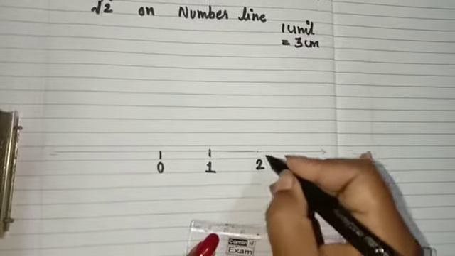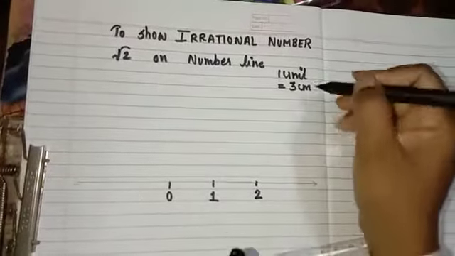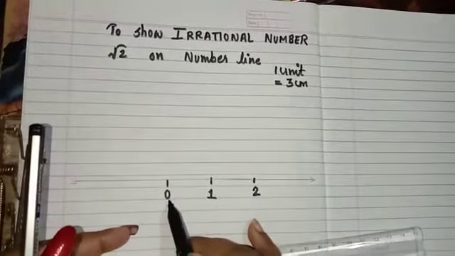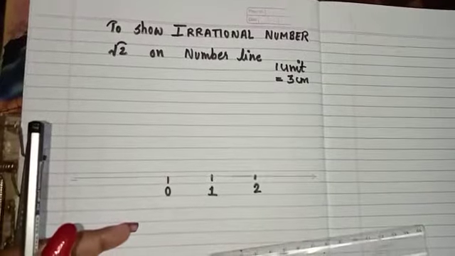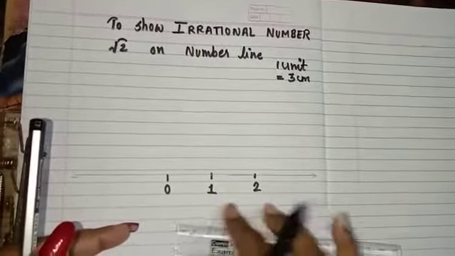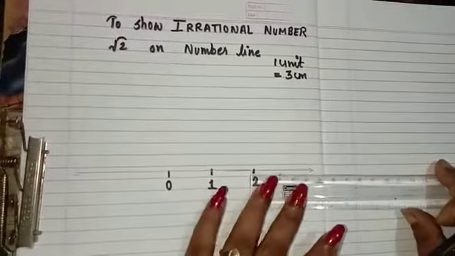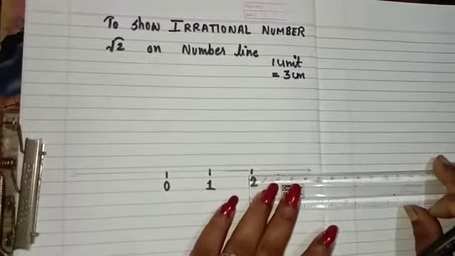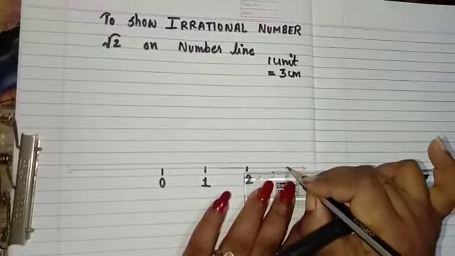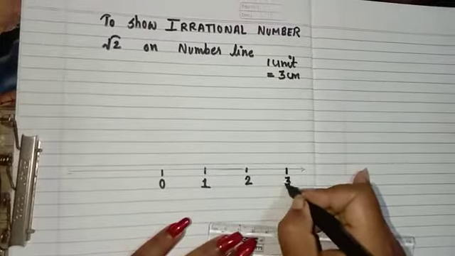Because 1 unit is 3 centimeters, the distance from 0 to 1 is 1 unit and from 1 to 2 is 1 unit. Now after 2 again I take 1 unit distance, that is 3 centimeters.